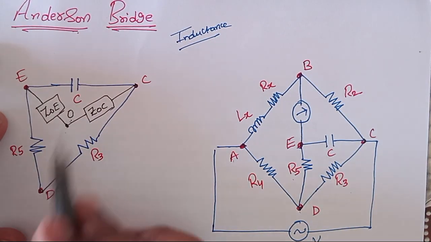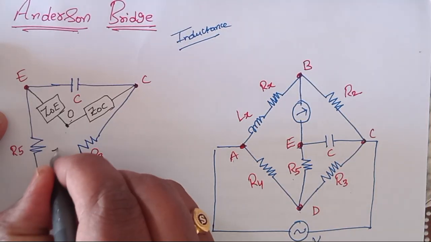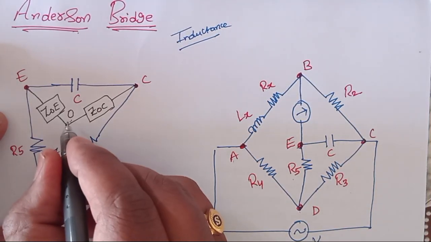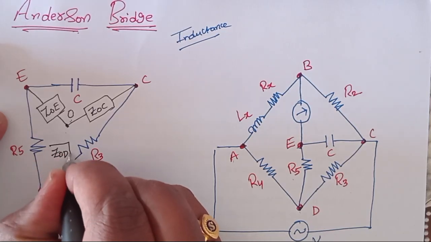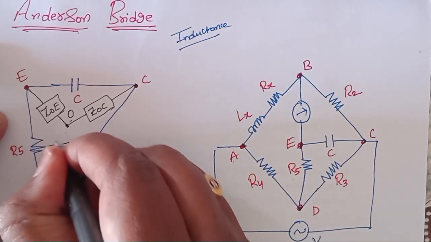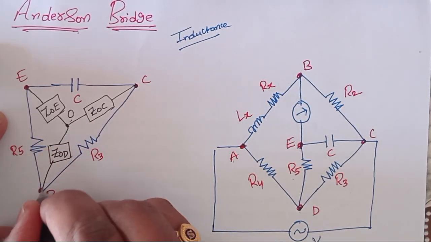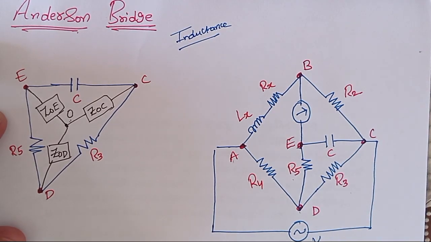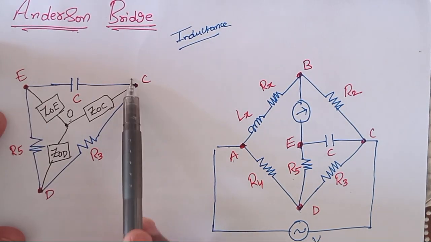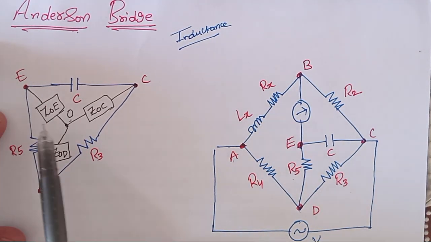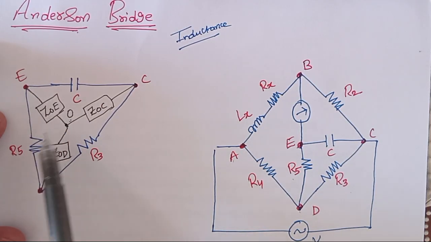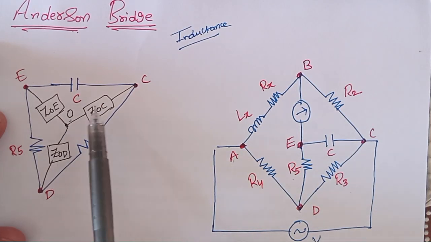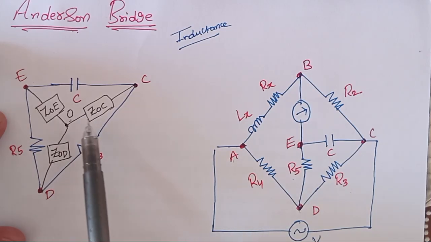The impedance between the points O and D is ZOD. So when we see this, it is delta and it is star. Now I'm doing the delta to star conversion.